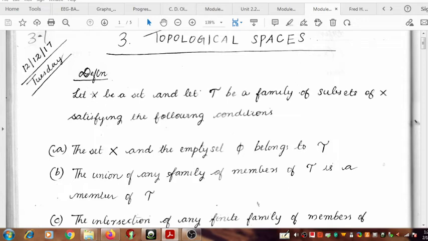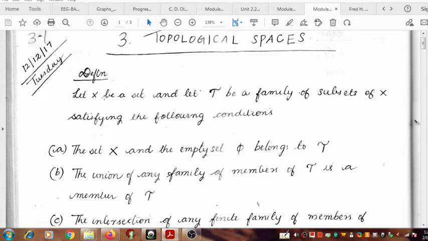So the smallest subset is the null set, and the biggest one is the whole set, the actual set, capital X itself. Between these two limits, the empty set and the whole set, there exist different subsets of varying sizes.